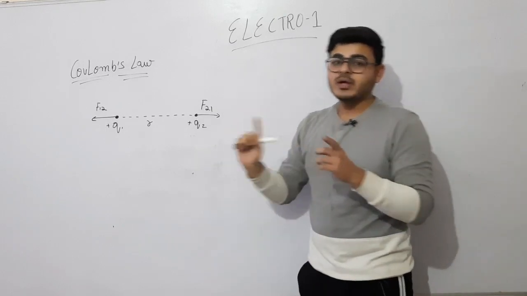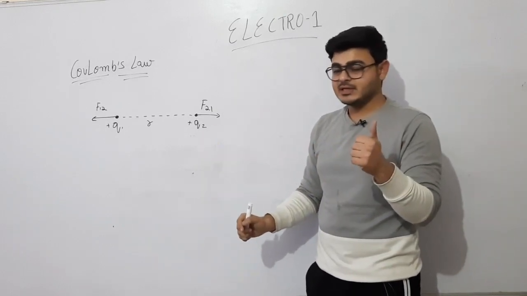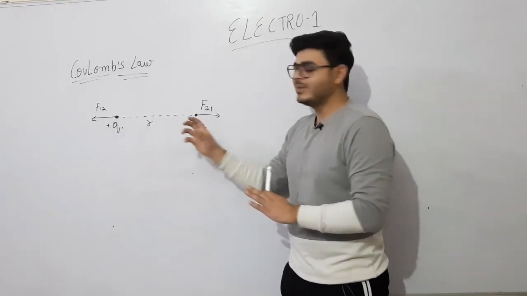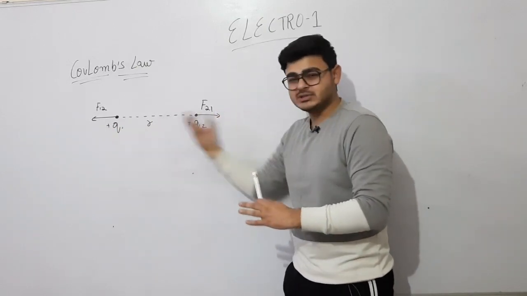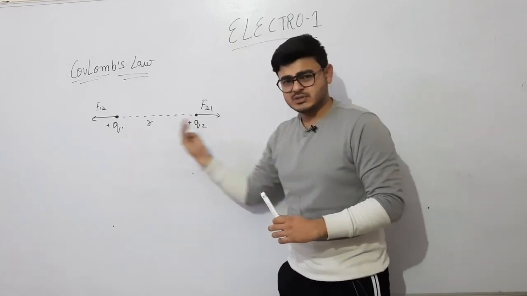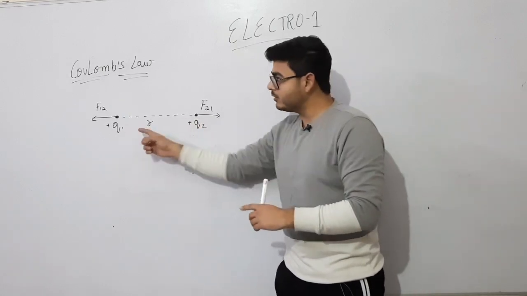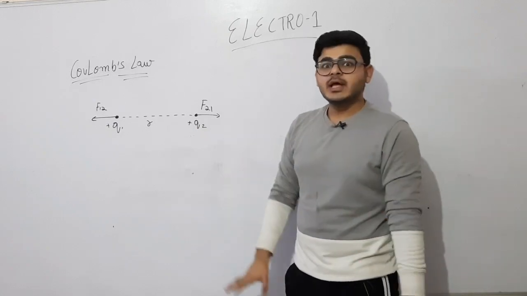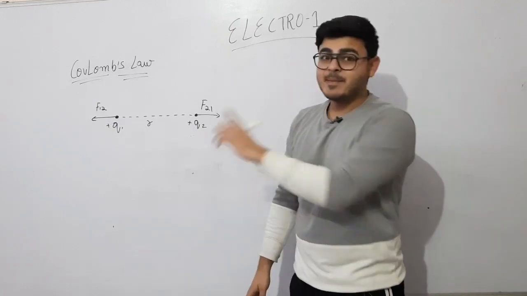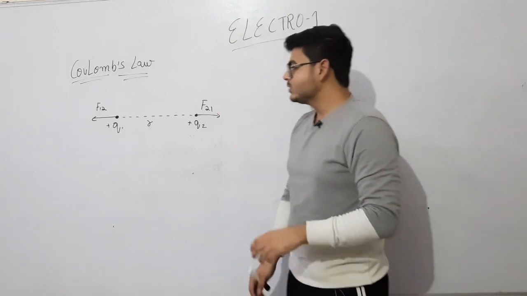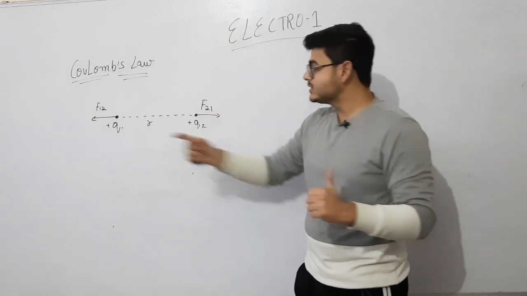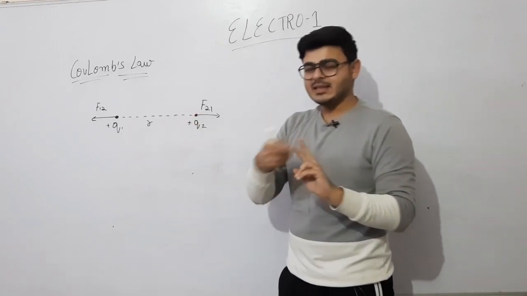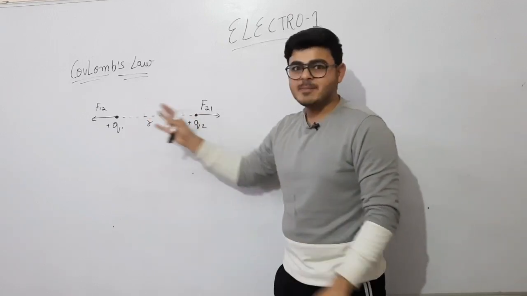First thing we can see is that the two forces are opposite, and they are acting on different bodies also, right? What if I told you they have same magnitude also? So first thing I said, opposite force, secondly on different bodies, and thirdly same magnitude.